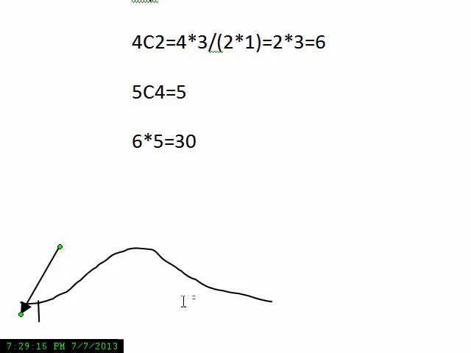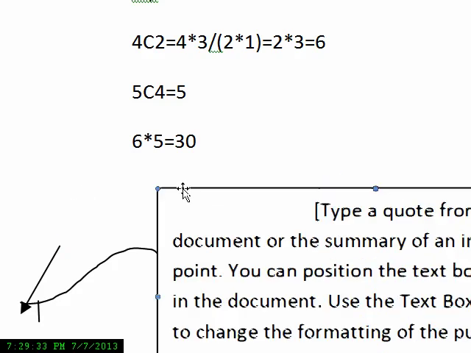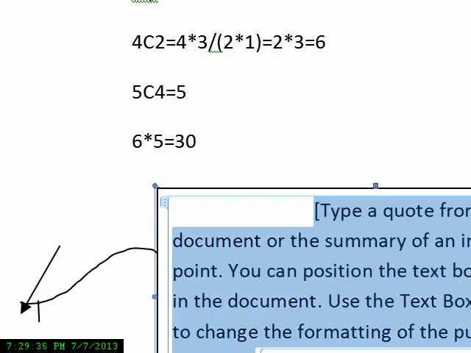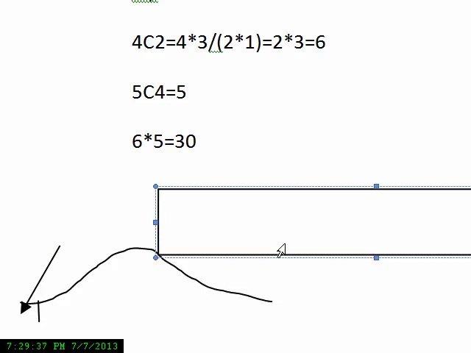Well, I need to know the area to the right in order to get the Z-score. So in order to find this value here, I've got to know what that equals. I'm just using a little text box to show that 0.019.